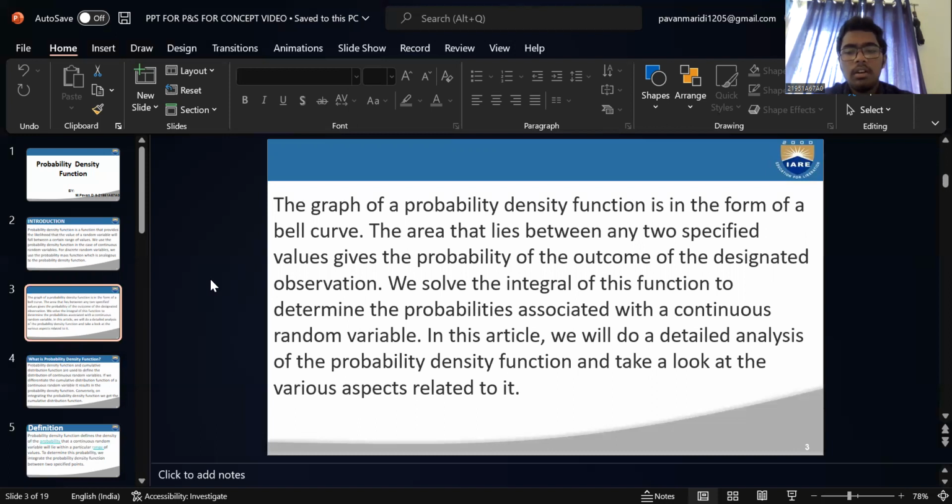We solve the integral of this function to determine the probabilities associated with a continuous random variable. In this article, we will do a detailed analysis of the probability density function and take a look at the various aspects related to it.